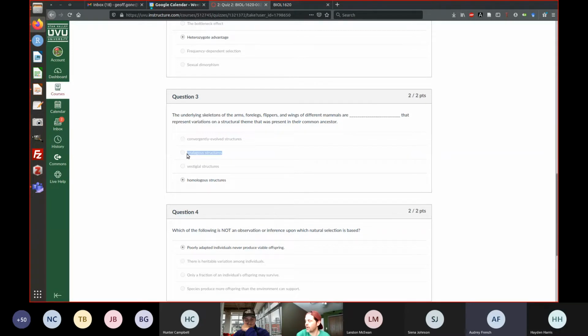Yeah, convergent evolution. So both of them are things that look alike, right? Wings, for example. The difference is why they're alike. For homologous, they're similar because of a shared ancestor who also had that trait, and it's been passed down and just diverged a little bit. And analogous is they independently evolved that thing. And so here, since these are all mammals present in their common ancestor, it means homologous.